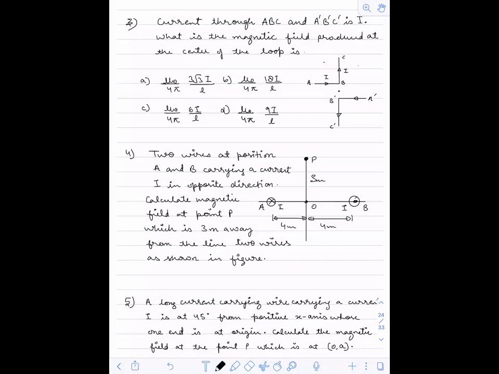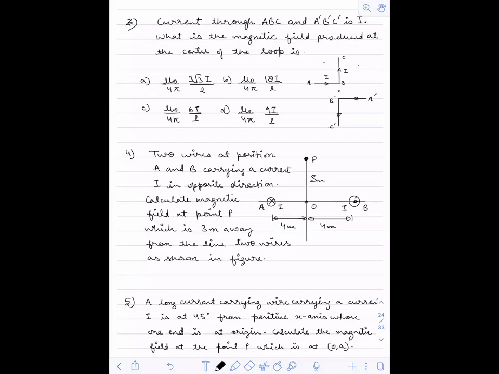Okay, have you done this? So you just solve these questions and you post it on Learnity. Okay, you solve all these questions and you post on Learnity today.